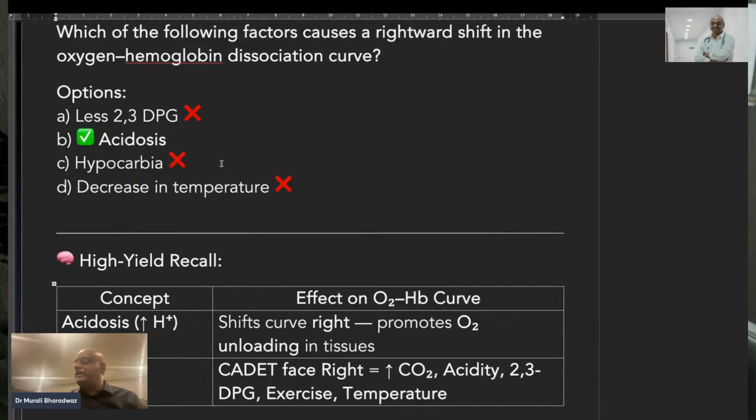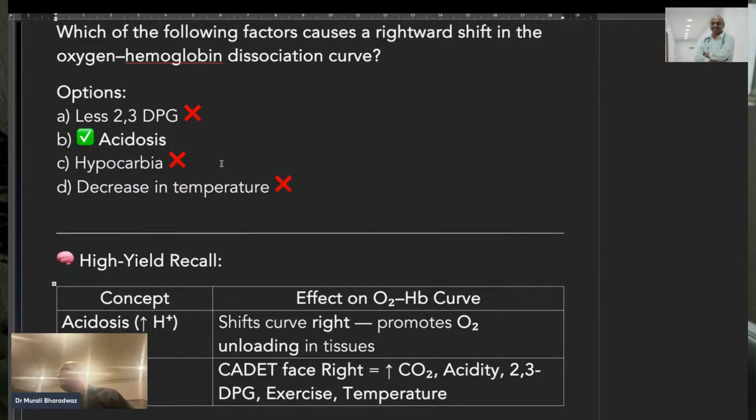If 2,3 DPG is low, it will have higher affinity for oxygen. Clear, doctor? Then it is not unloading, it is possessing. That's the reason it will shift to the left.